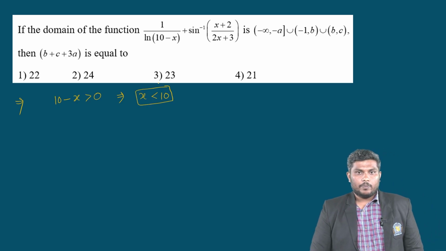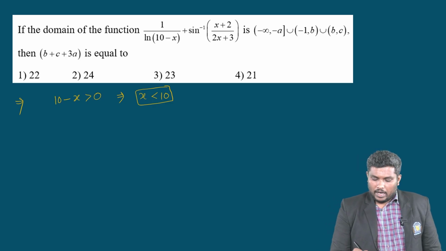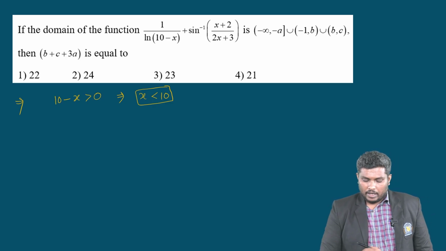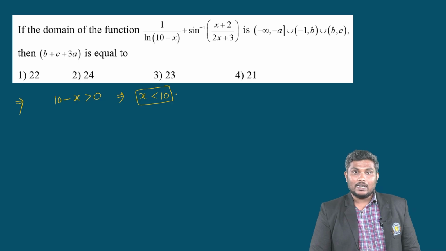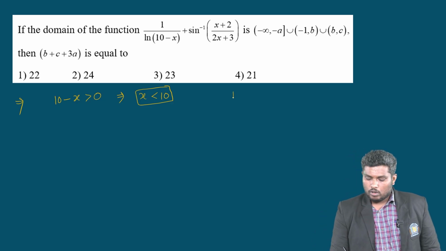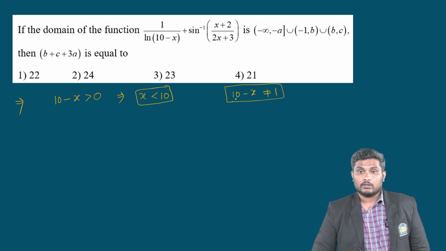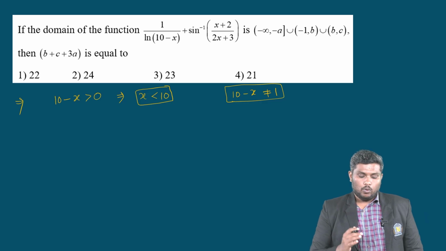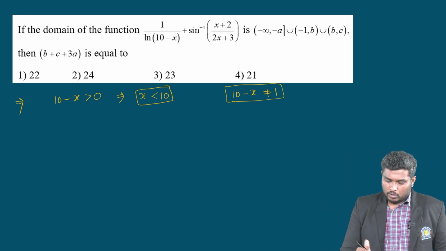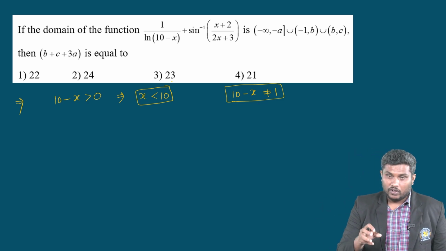And one more thing, 10 minus x should also not be equal to 1. This is a very important part of this question. You don't want the logarithm to be 0 because it is in the denominator of the fraction. So x less than 10 is what I got from the first expression.